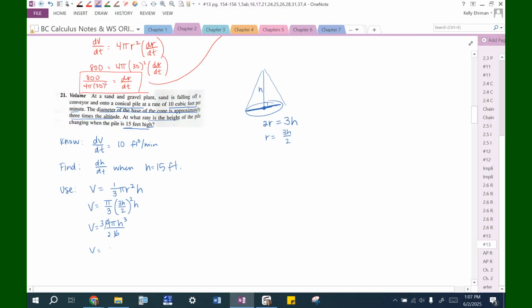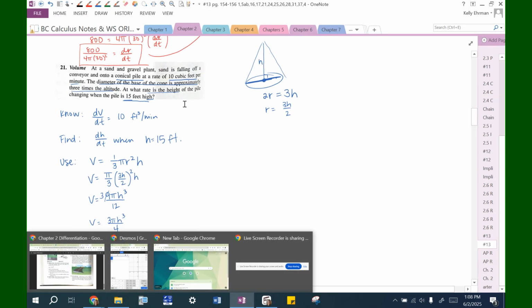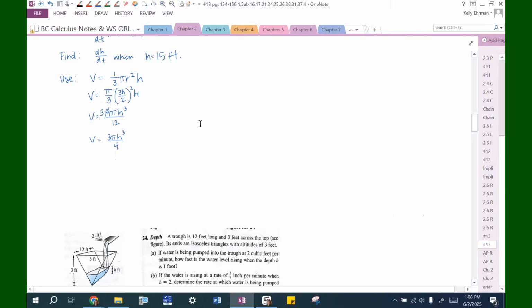So volume is 3 pi h to the third over 4. Sorry. It's not 3 times 2. It's 3 times 4, which is 12. And yeah, 9 over 12 is 3 over 4. There we go.